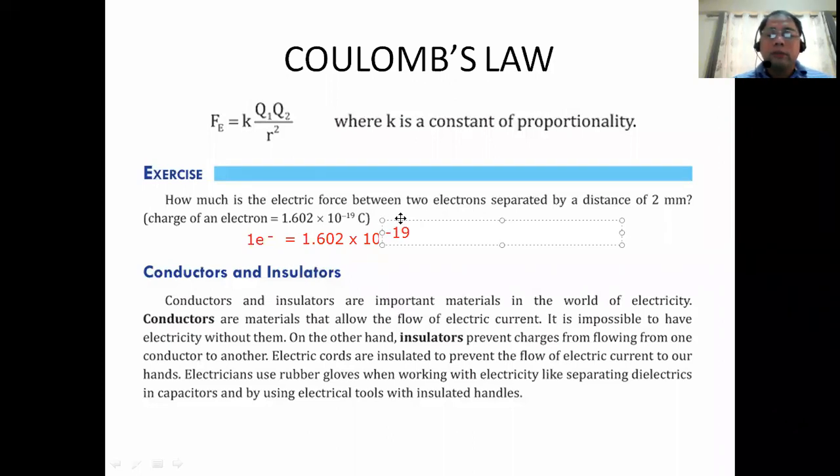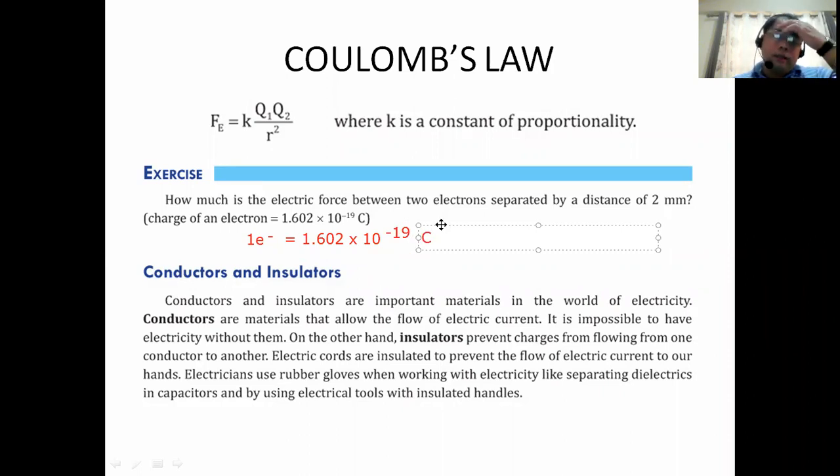To get that, I think you have to divide 1 over 1.602 times 10 to the 19, so that you'll be able to know how many electrons are present in 1 coulomb of charge.